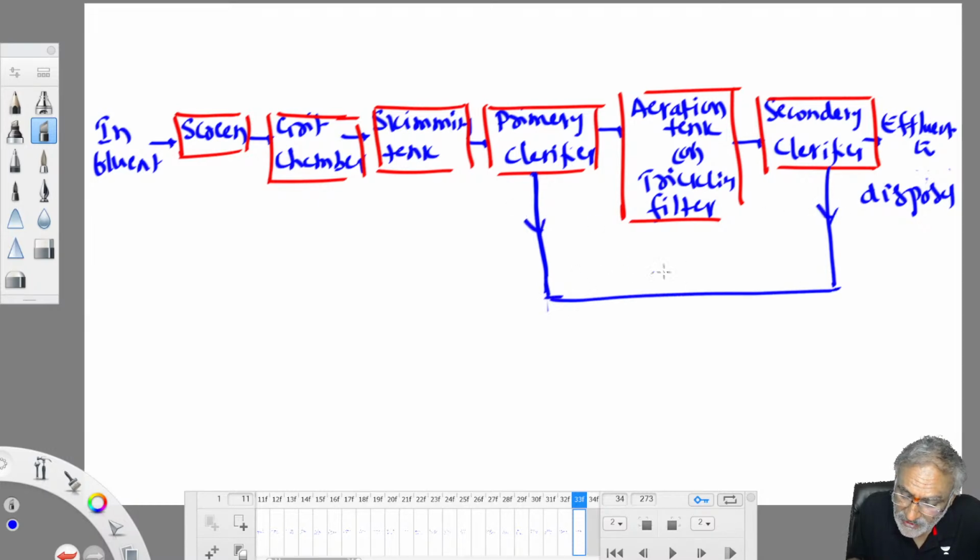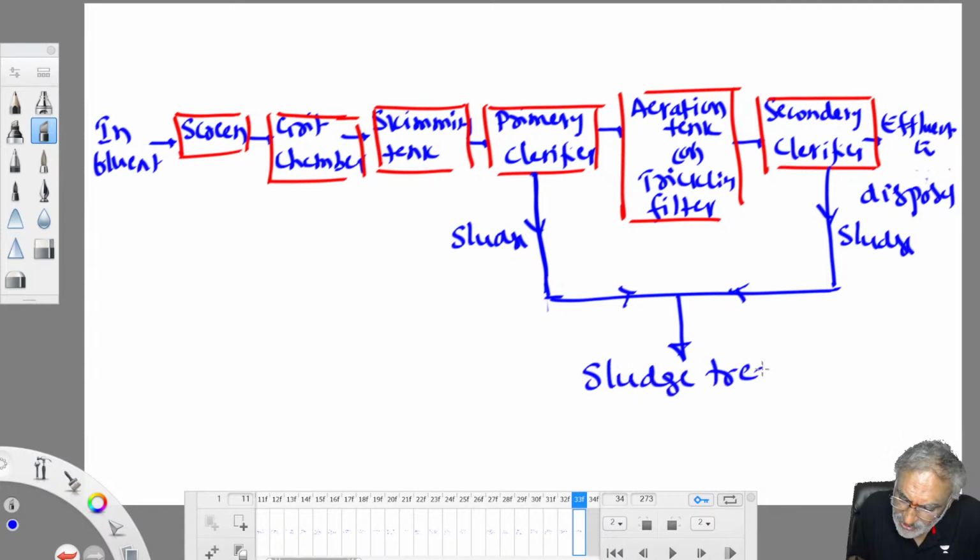And luckily, the nature of both sludges, from the primary clarifier and the secondary clarifier, is the same. Therefore, they are dealt with in the same fashion. This is sludge. This is also sludge. Sludge from primary treatment and sludge from secondary treatment are collected, treated together and then disposed.